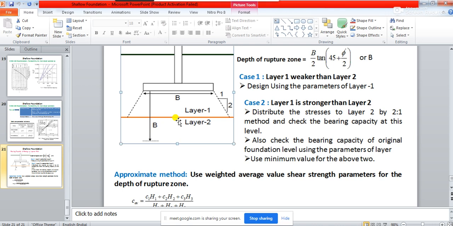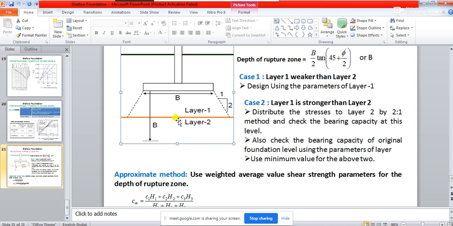Shearing strength is nothing but tau is equal to C plus sigma tan phi. So when phi is more, layer 1 having lesser phi will have less shearing strength, and layer 2 having more phi will have more shearing strength.